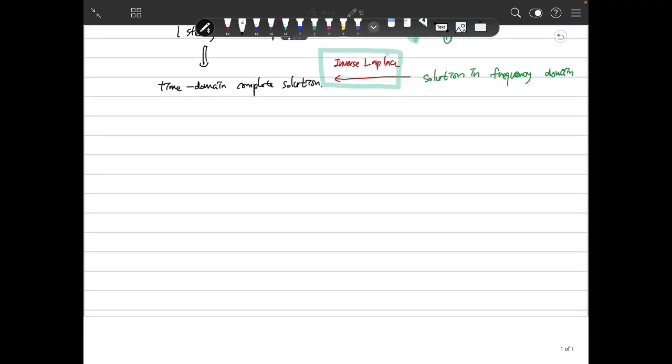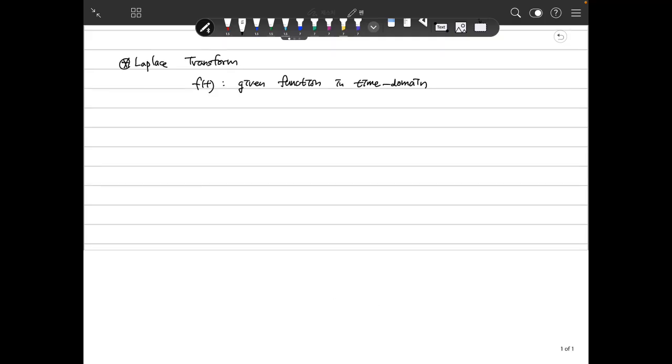First, I want to tell you the definition of a Laplace transform. If f(t) is a given function in the time domain, then I want to transform this f(t) to the Laplace form F(s) as a function in complex frequency.